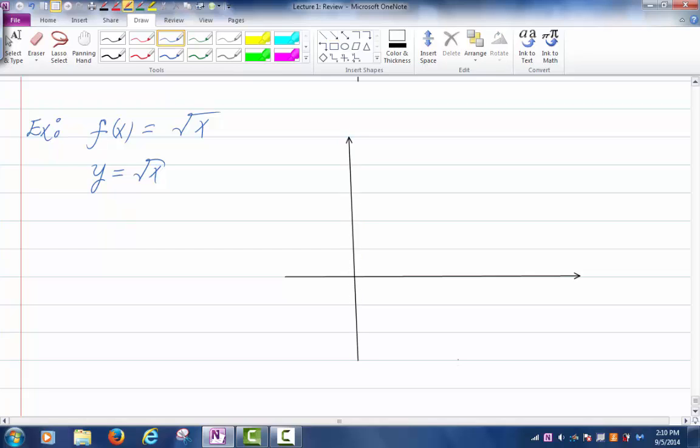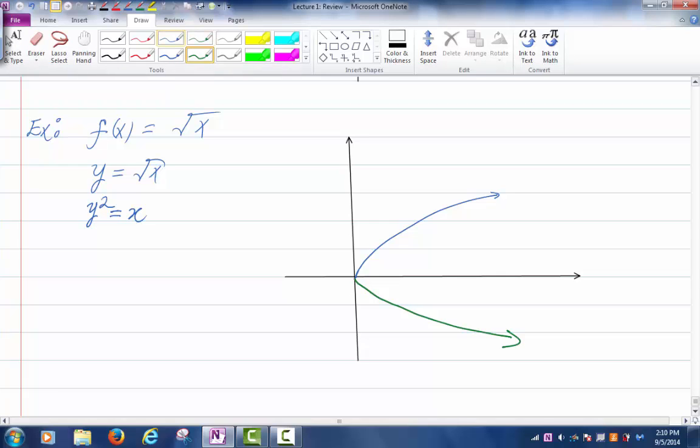First of all, notice that what is y squared then? x. So what's the graph of the equation y squared equals x? That's a parabola going to the right, right? So basically what you get is something like this, and another part like this.